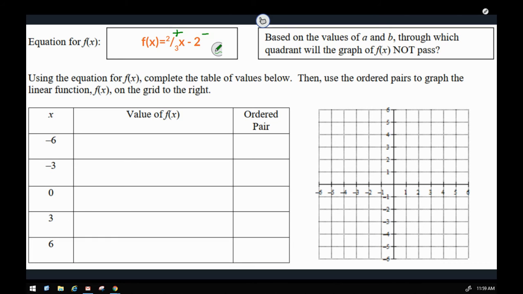So based on what we got on the front page, which quadrant will we not pass through? I have a positive slope and a negative y-intercept. It's probably going to go up from here to here, so it's not going to go through quadrant 2.